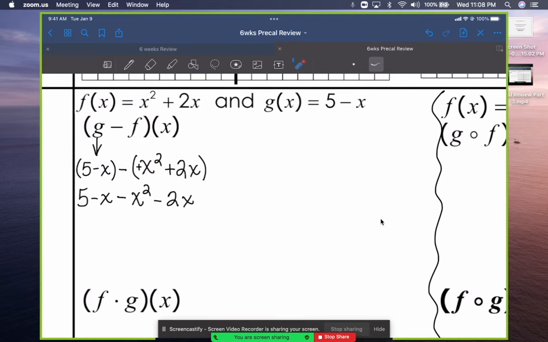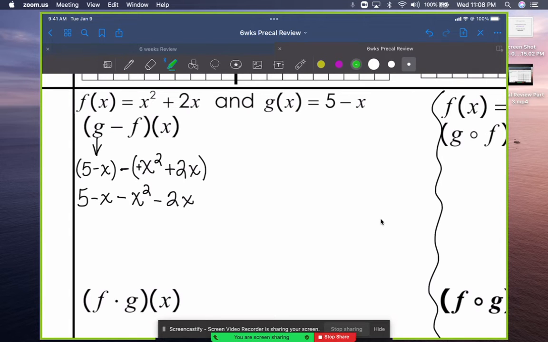You can also think of it as a negative 1, and a negative 1 times a positive x squared gives me that negative x squared. A negative 1 times a positive 2x gives me that negative 2x. Okay, all right. If this ever occurs, you can also just switch the signs for each of the terms inside. So because these are both positive, if I were to just switch the signs, they're now negative. Okay. All right, so let's go ahead and continue.